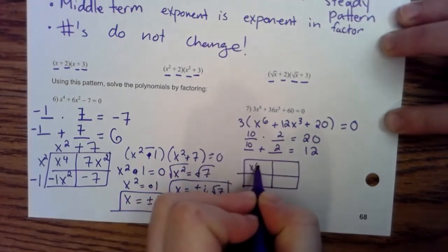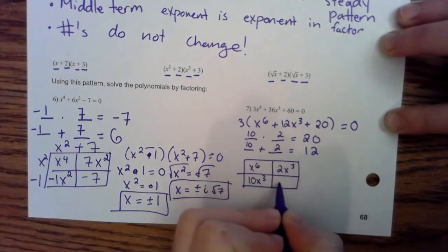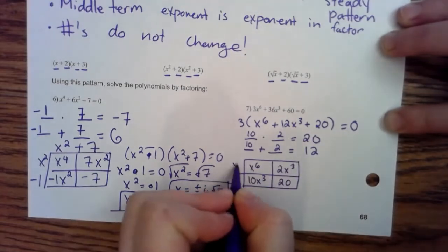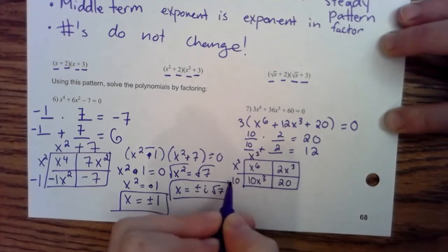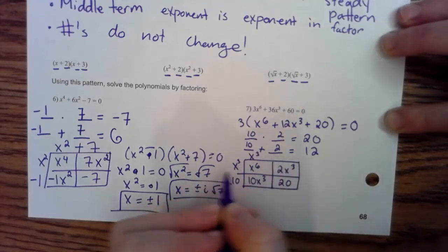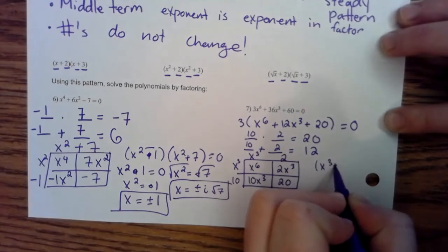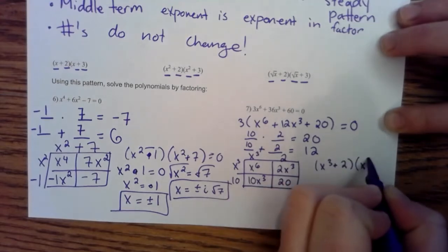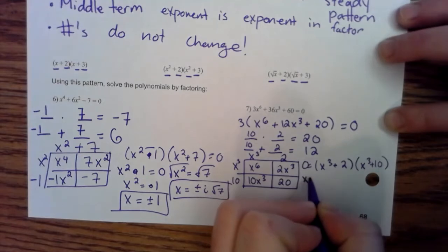So I get x^6, 10x^3, 2x^3, 20. So x^3, x^3, 10 and 2. So I get x cubed plus 2 and x cubed plus 10 equals 0. So I'll solve those.